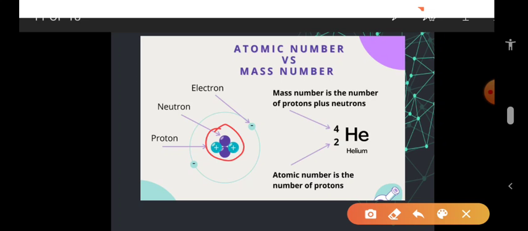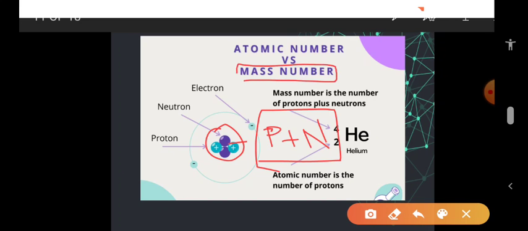So the total number of protons plus the total number of neutrons is called mass number. Atomic number means the total number of protons only, but mass number means the total number of protons plus the total number of neutrons. This is the main difference between the atomic number and mass number.